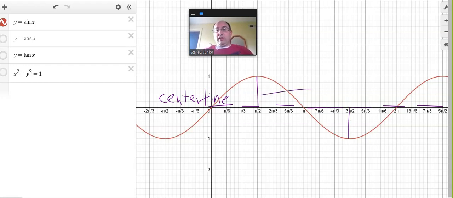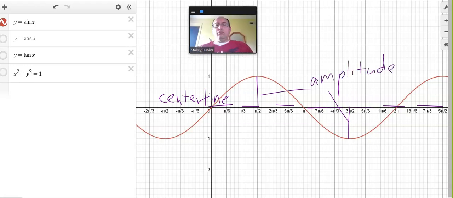That's called the amplitude. Each of those distances is called the amplitude. It's not the combination of the two. It's either one, so you only have to measure it once.